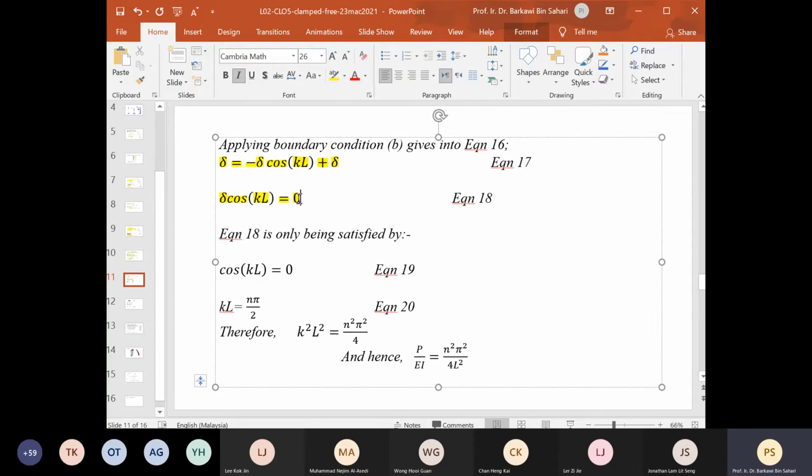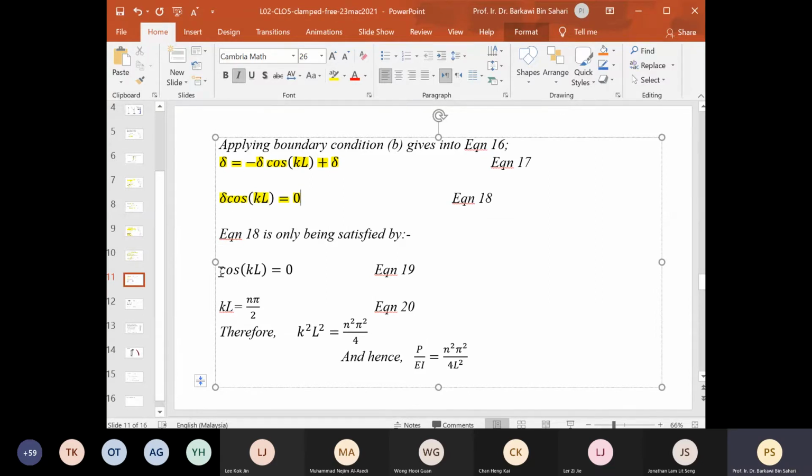Now remember last time on the pin support, we have sine kL equal to 0. Today for the clamp-free support, we have delta cos kL equal to 0. Now delta is not 0, and the only solution that we have is cos kL equal to 0.